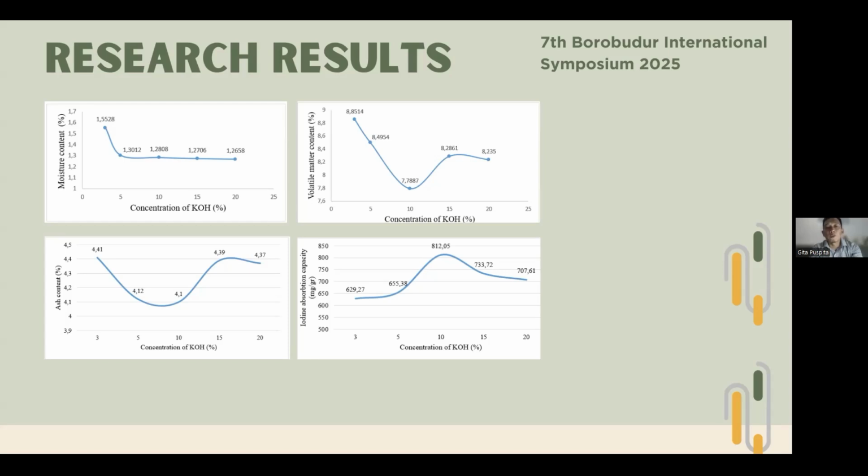This is due to the function of the activator, which helps open the pores of the activated carbon, allowing the volatile substances trapped inside to be released to the maximum extent. A low volatile matter content is a direct indication of the increased absorption capacity of activated carbon. However, there is an increase in volatile matter content at a concentration of 15% and 20%.